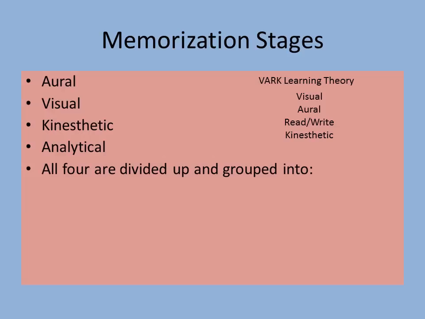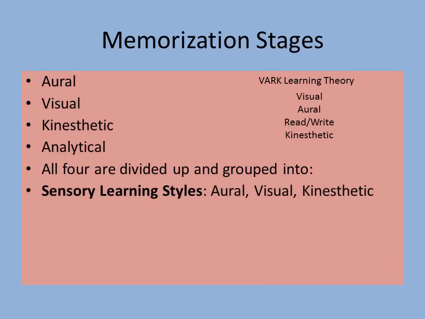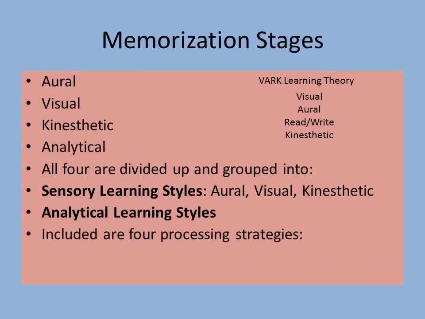All 4 of these stages from a memorization point of view are divided up, and they're grouped into sensory learning styles, the oral, the visual, the kinesthetic, and also the analytical learning styles. Included in that are 4 processing strategies, which are the holistic, serial, additive, and segmented. And again, tying this back to the VARC learning theory, which also deals with sensory perception.